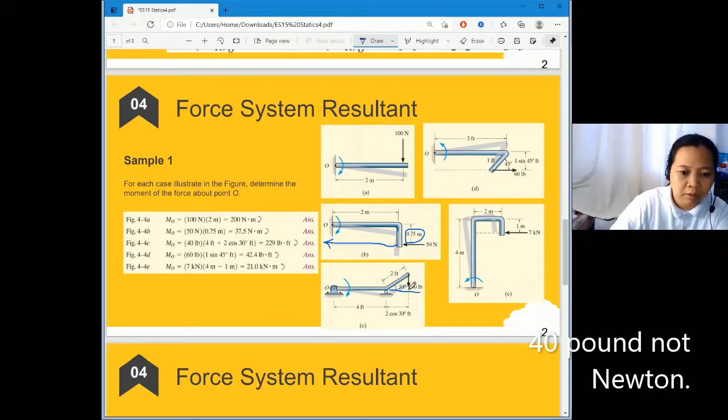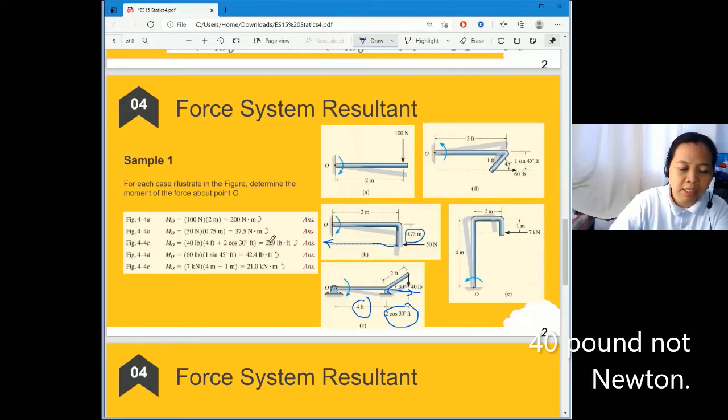Since the C here is 2, then you will get 2 cosine 30 degrees, and this is 30 degrees. So the moment arm to use is 4 feet plus 2 cosine 30 degrees feet.